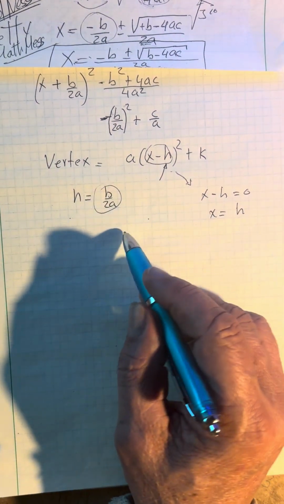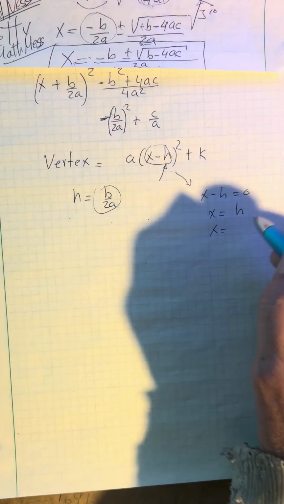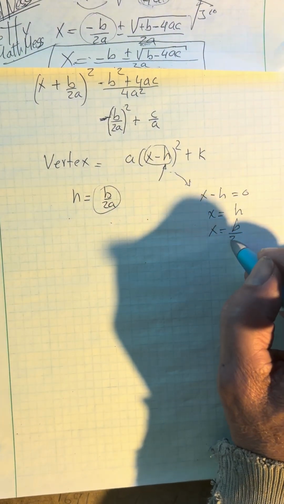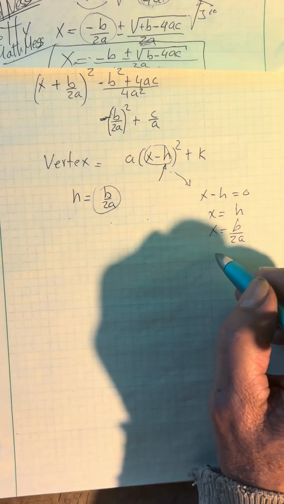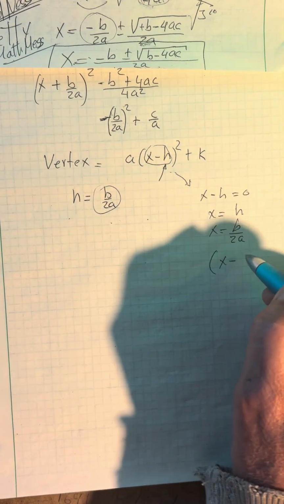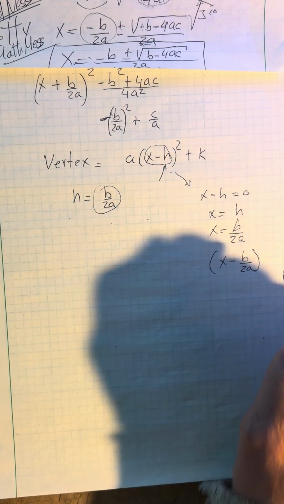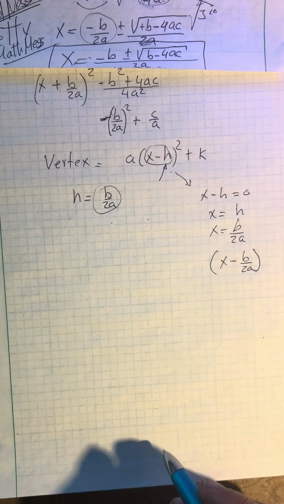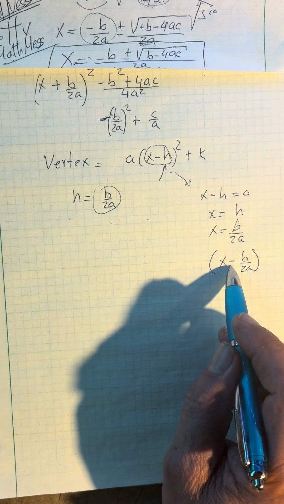So if we substitute h by b over 2a, and we put it back in the formula, then we get x minus b over 2a. And that's where the negative sign comes from.